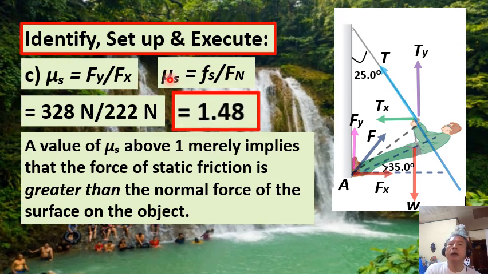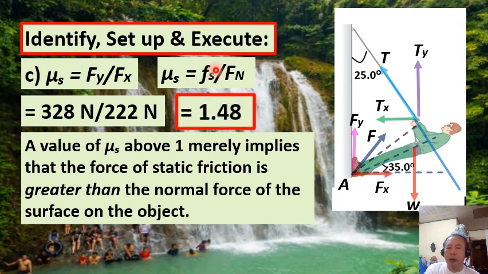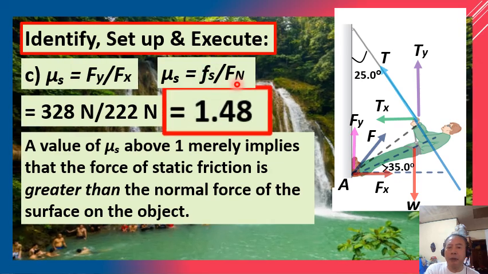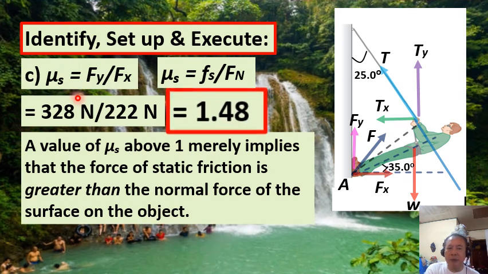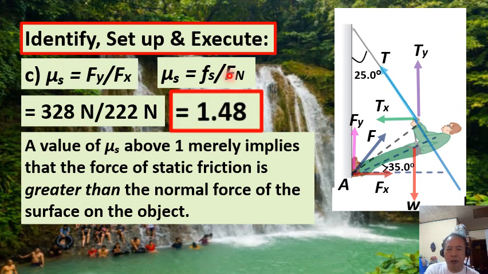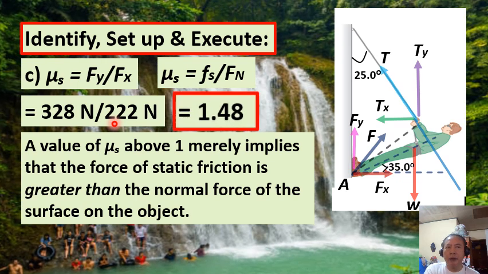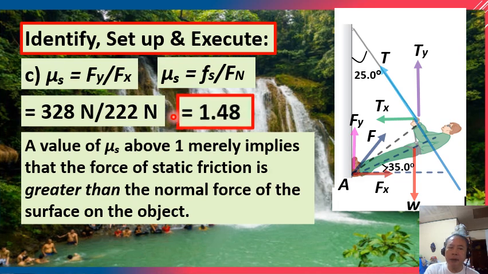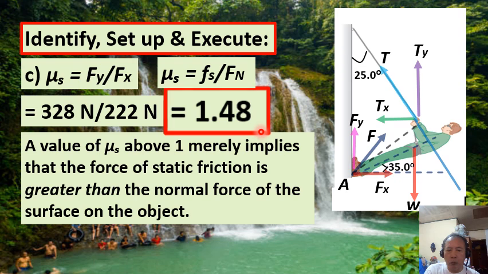Based on our usual definition of static friction, which is the amount of static friction Fs divided by the normal force Fn, obviously, the value of Fs corresponds to the value of Fy, which is 328 newtons. The normal force corresponds to the value of Fx, equal to 222 newtons. That's why, dividing them, we get a value of mu s that is greater than 1.